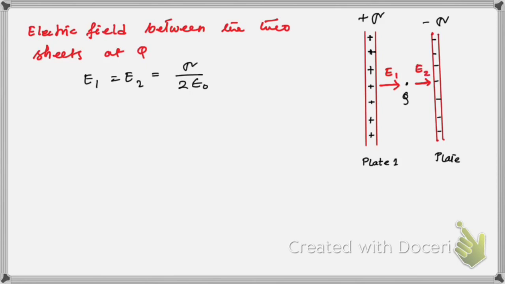So you can see the direction of both E1 and E2 between the plates is the same. So in both cases E1 and E2 will be sigma by twice epsilon naught.